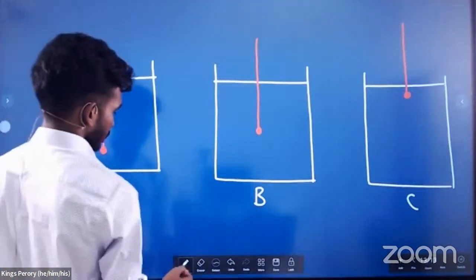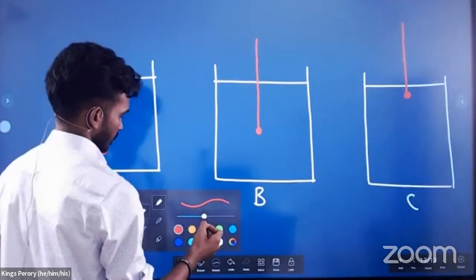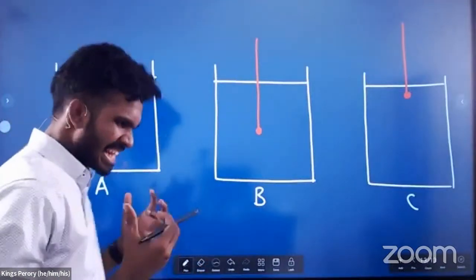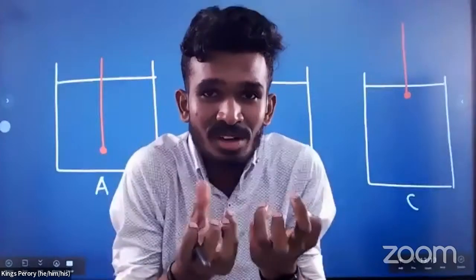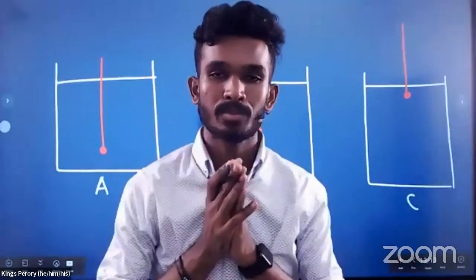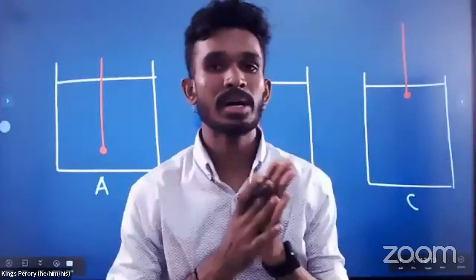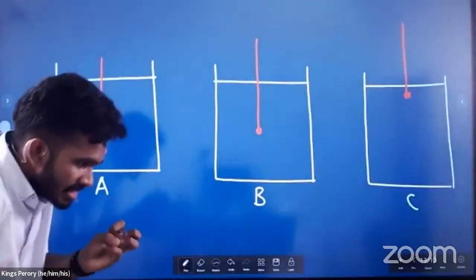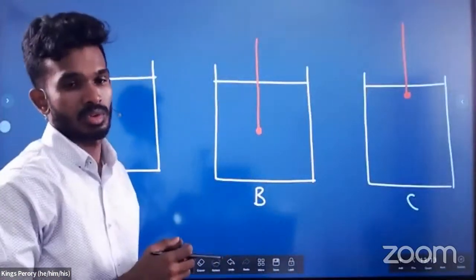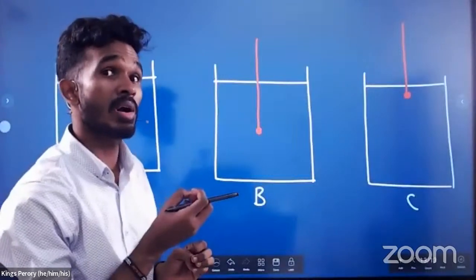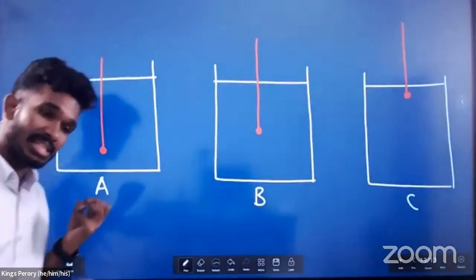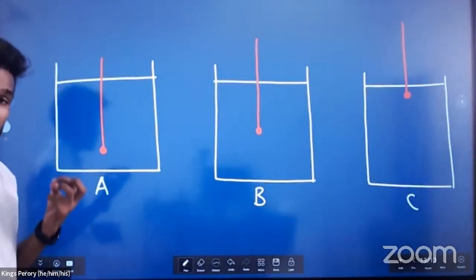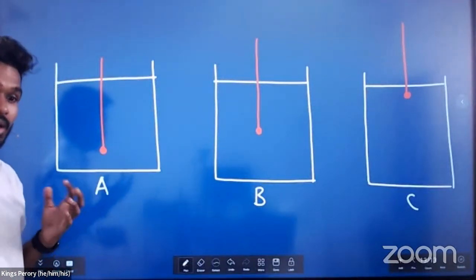Now, what does density mean? Something like thickness of the liquid. Remember, when the density is high, thickness of the liquid also will be high. When the density is less, thickness of the liquid also will be less.